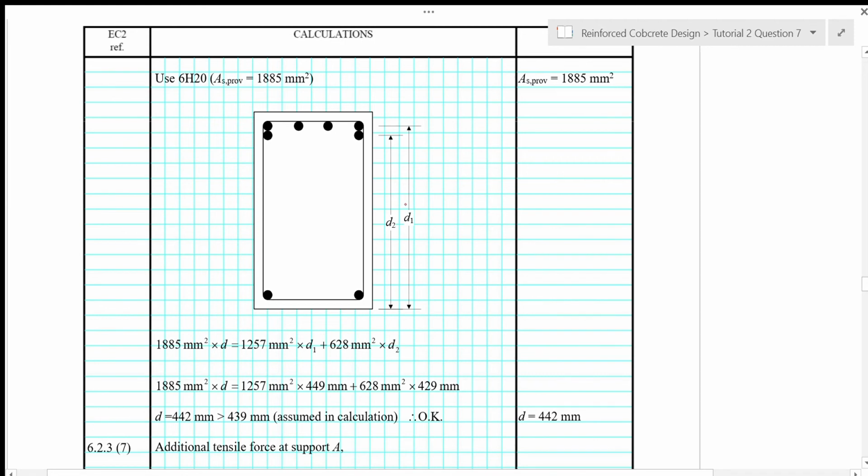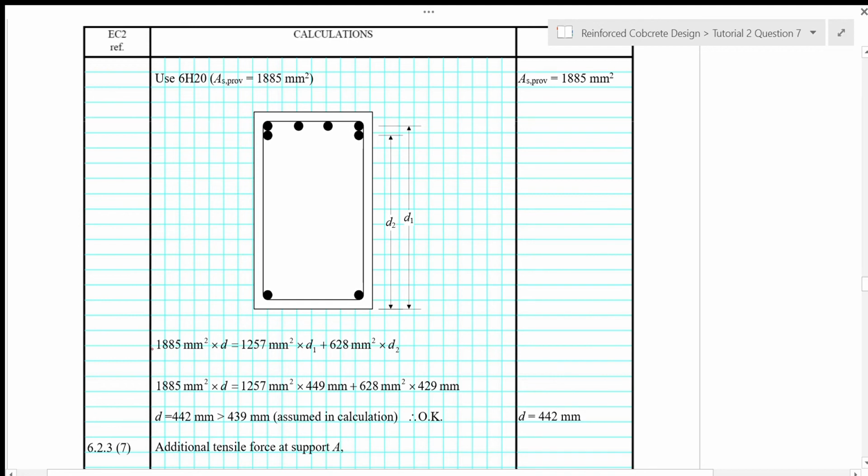So d1 is the effective depth for the first layer of 4 bars. So d1 is 449 mm, and then d2 is the effective depth for the second layer of the 2 bars here. So d2 is 429 mm.